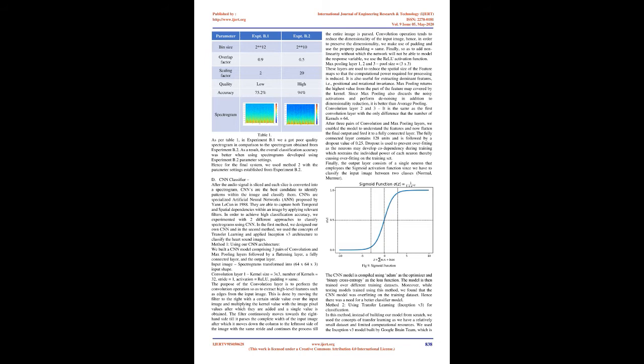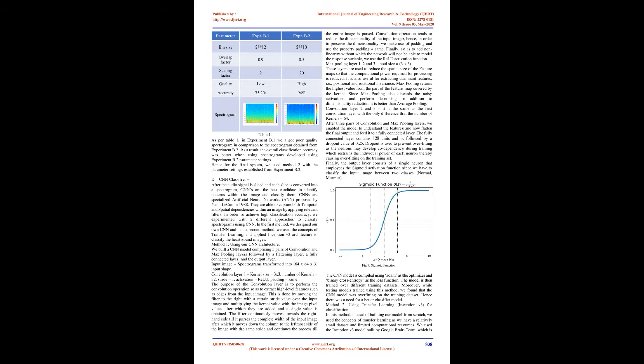DCNN classifier. After the audio signal is sliced and each slice is converted into a spectrogram, CNNs are the best candidate to identify patterns within the image and classify them. CNNs are specialized artificial neural networks, ANN, proposed by Yann LeCun in 1988. They are able to capture both temporal and spatial dependencies within an image by applying relevant filters.